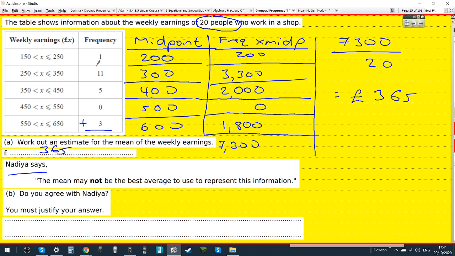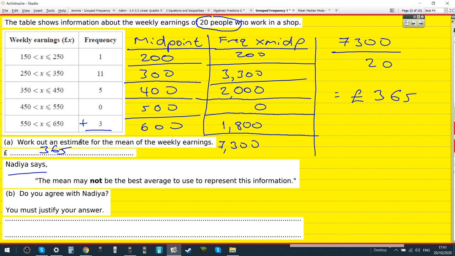What estimate for the average did we get for part A? 365.